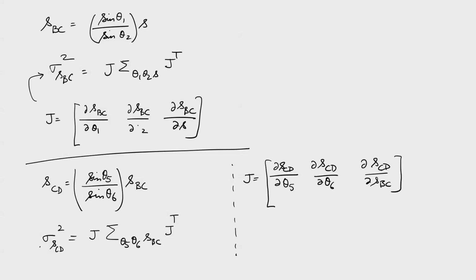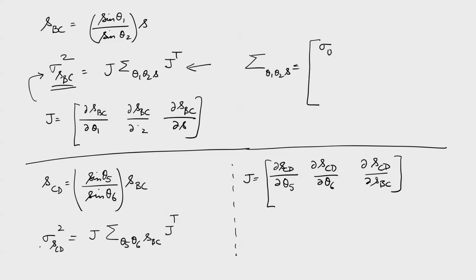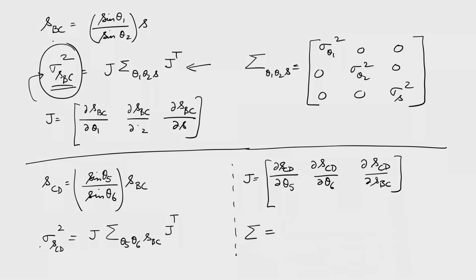Now, again this is a 3 variable problem. Here I have already this value and I got this value. Okay. So, what was the value here? Sigma value in this case, let me just draw the two cases differently. Sigma theta 1, theta 2 and S, this was the variance covariance matrix: sigma theta 1 square, 0, 0, 0, sigma theta 2 square and 0, 0, 0, sigma S square. So, find out the value here of sigma square SBC. Here in the first step I find out sigma square SBC.